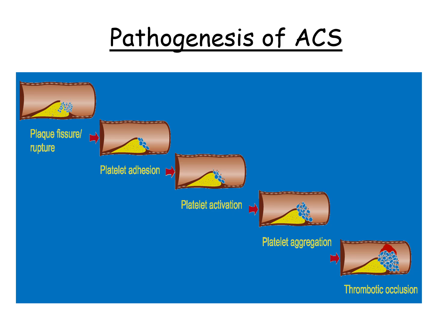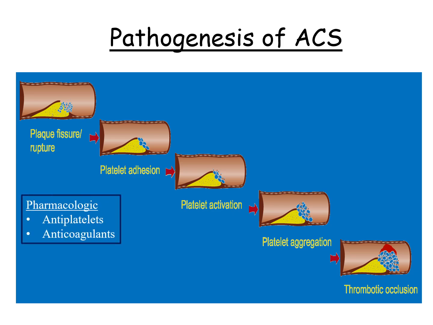So the basics of pharmacotherapy in patients with acute coronary syndromes are antiplatelets and anticoagulants. And of course, because we have an occlusion of the coronary artery, a very important option in addition to pharmacological therapy is opening these occluded arteries mechanically.